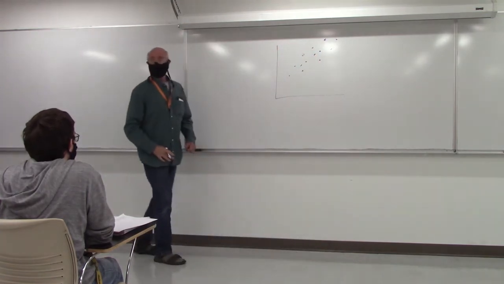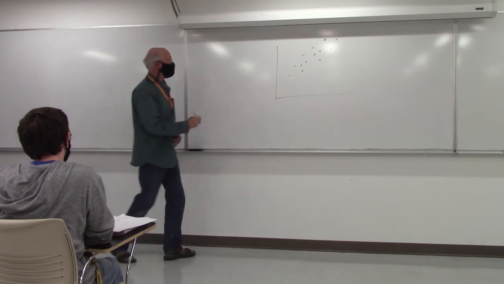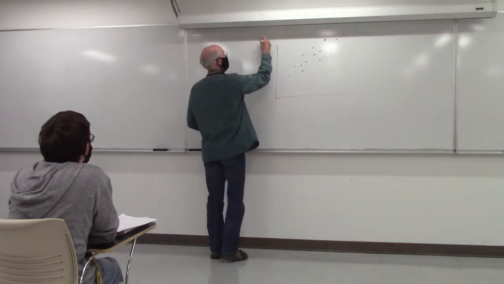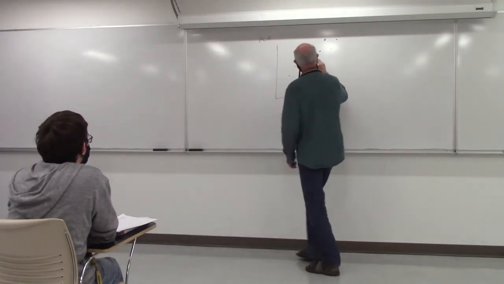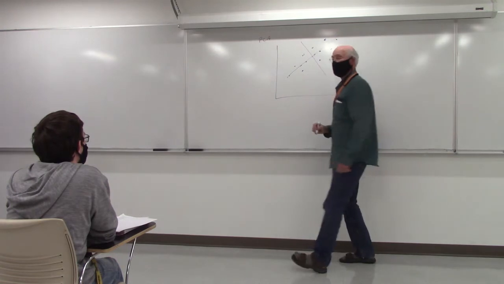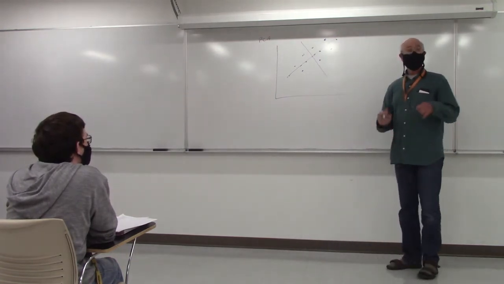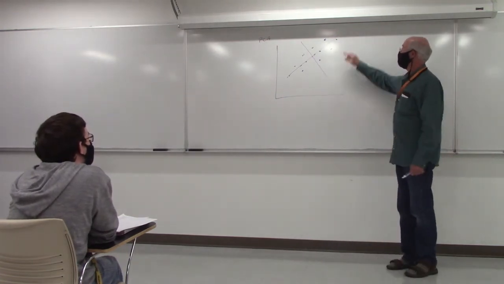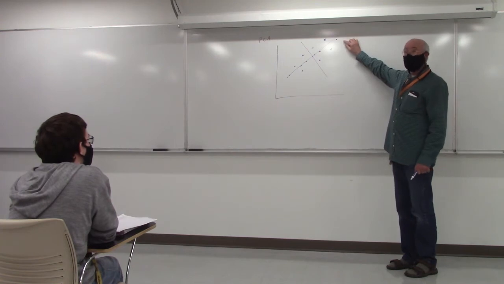And remember what was happening in a PCA. We were taking this coordinate system and we were shifting it and rotating it. Okay? And what we were accomplishing by doing that was discovering where the variation in the data set is.